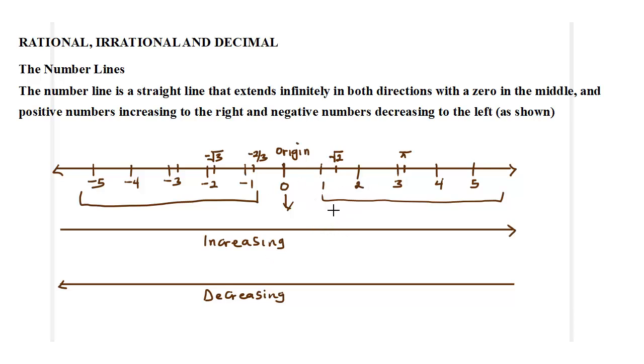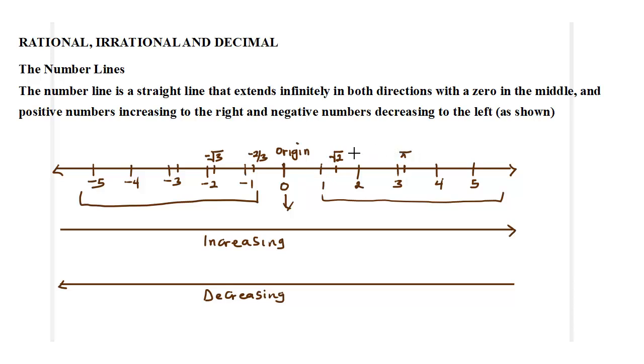So different properties of numbers can be represented on the number line. What are those properties? For example, here we have pi. Pi is an irrational number, and it doesn't terminate. The decimals go on and on, so it's not a terminating decimal.